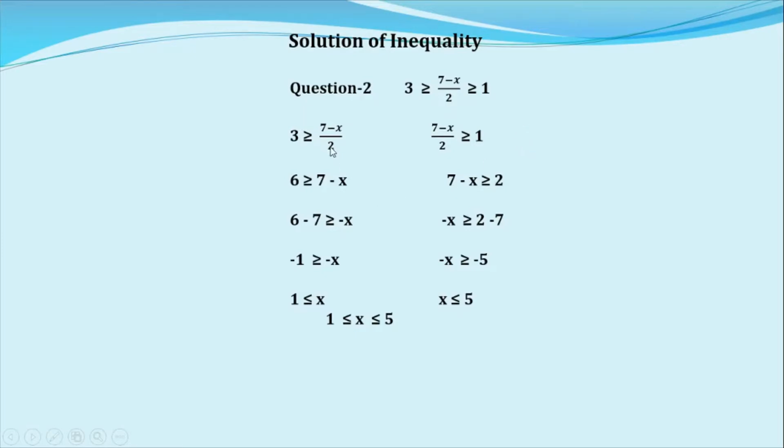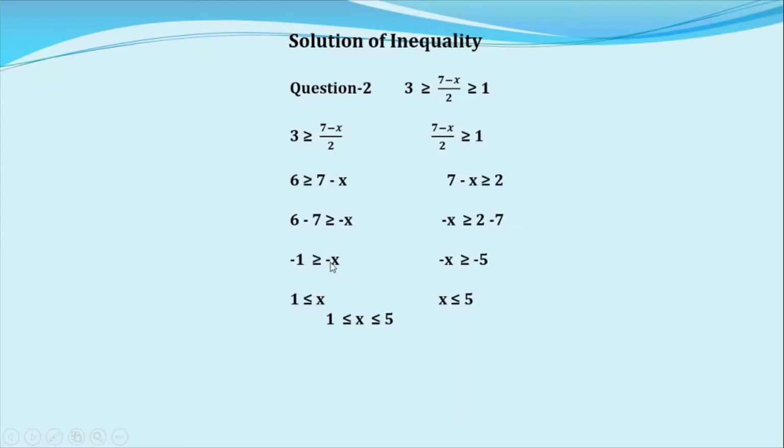So this is 2 plus 2. We will multiply on the left hand side, it will become 6. It will not change the symbol because it is a positive number, not a negative number. And next, minus x, 7 will go on the left hand side, so it will become minus. There will be no change in this inequality. So 6 minus 7 will become minus 1, and this is minus x. We need this x, not minus x.